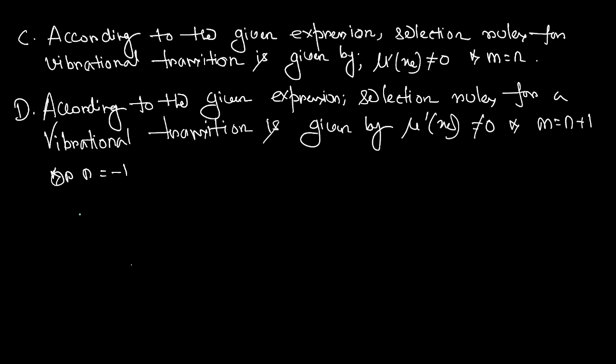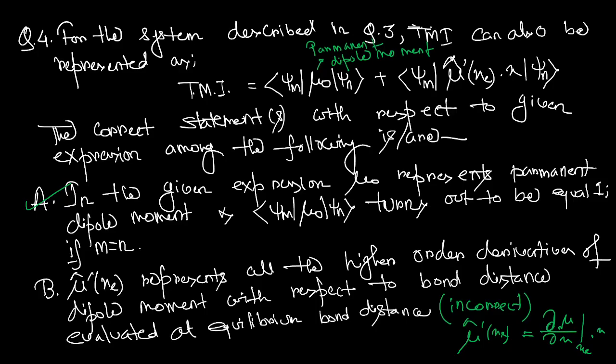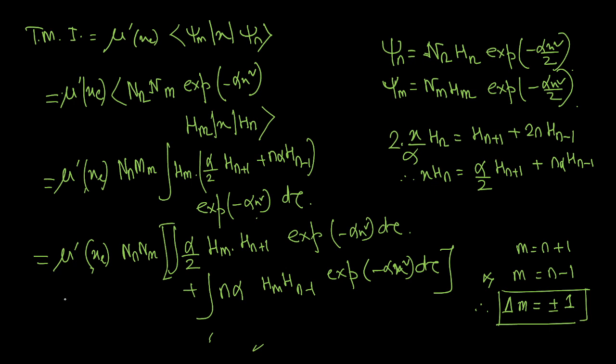Now option number C is saying, according to the given expression, the selection rule for vibrational transition is given by mu xe not equal to 0, which is correct. Otherwise, if this term mu xe goes to 0, nothing will survive, so this must not be equal to 0.